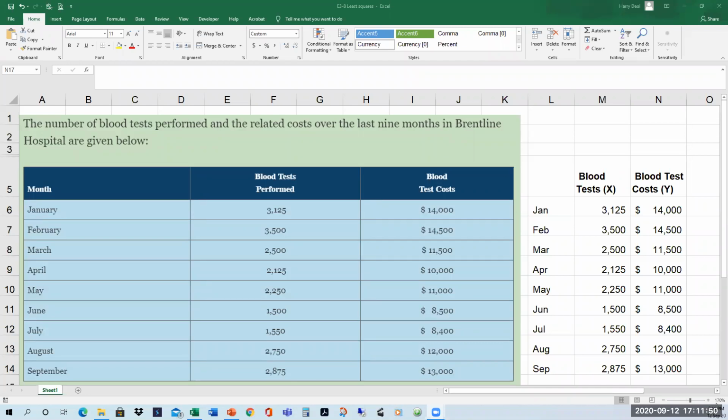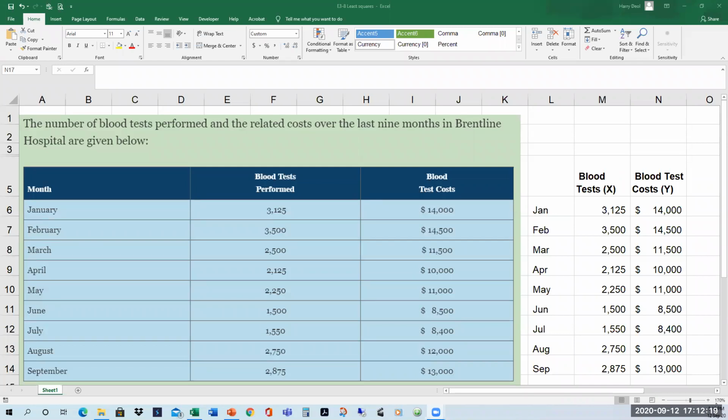Here we are looking at the information from the exercise for Brentline Hospital. And you would notice here we have the information provided for the months of January to September for the number of blood tests performed and the blood test costs. Now, in order for me to do work with the numbers, it is important that I have them in Excel form.